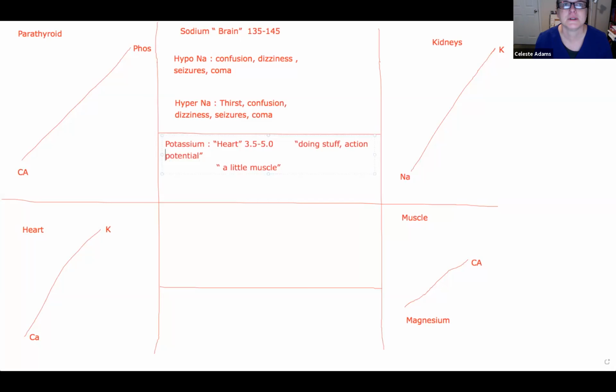And they have muscle weakness, diarrhea, muscle twitching and coma. Which one of those four do you think would fit for hyperkalemia after what I just said about muscle?